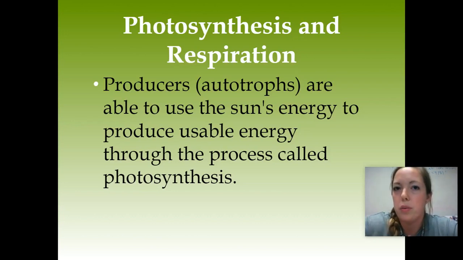Okay, this is one of the reasons why plants and other producers are so beneficial to our atmosphere, because they produce the oxygen that we need to breathe, and they also take in carbon dioxide in order to make that glucose and that oxygen. Okay, so producers or autotrophs use the glucose they produce by photosynthesis to store that energy and build structures such as their stems, their roots, etc.